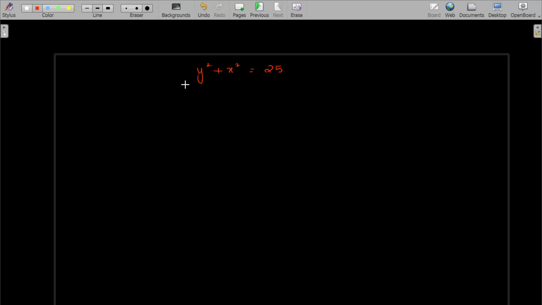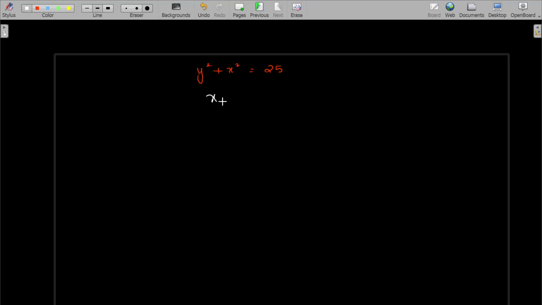Okay, Anishka, if I take x is equal to, let's say, 9, and we try to find the corresponding value of y: y square plus x square, that is 9 square, that is 81, is equal to 25. And let's not take this value, we will get a negative.